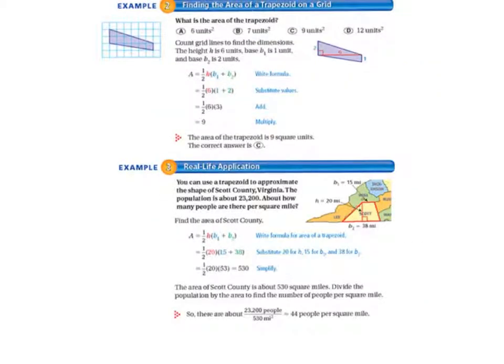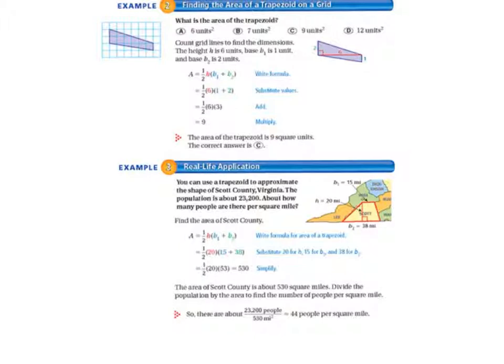Our next example is on page 169. Example 2. We're finding the area of a trapezoid on a grid. So we don't exactly know what the units are, so we'll just call them units. So it says, what is the area of the trapezoid? Count the grid lines to find the dimensions.